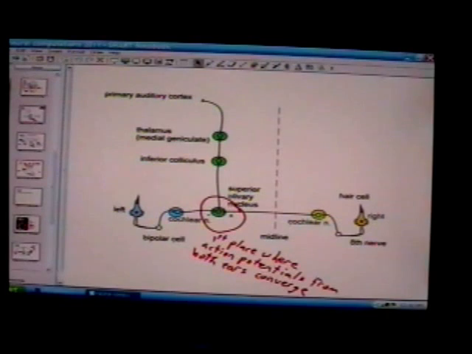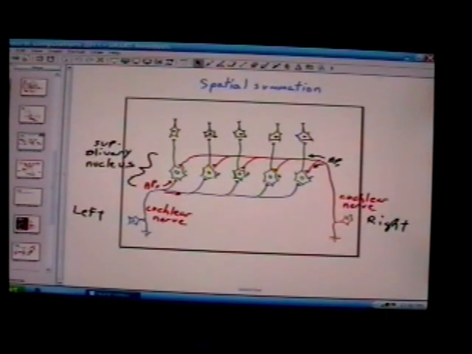When they looked at the arrangement of cells in the superior olivary nucleus, they found something like this. These are cells in the superior olivary nucleus. We'll just call them 1, 2, 3, 4, 5. And here come the cochlear nerves from the left ear and the right ear. Notice we have 5 cells here, each receiving terminals from each of the cochlear nerves.